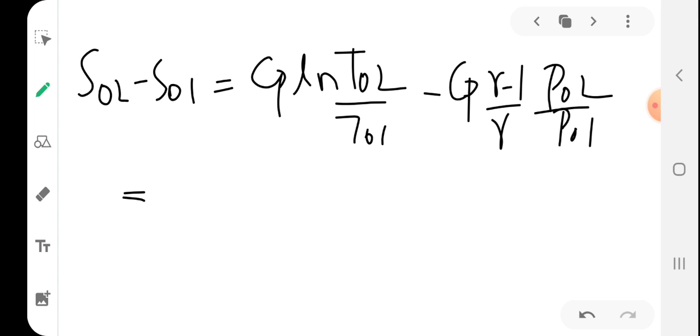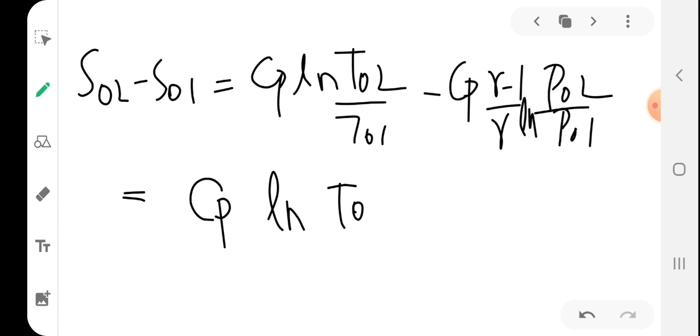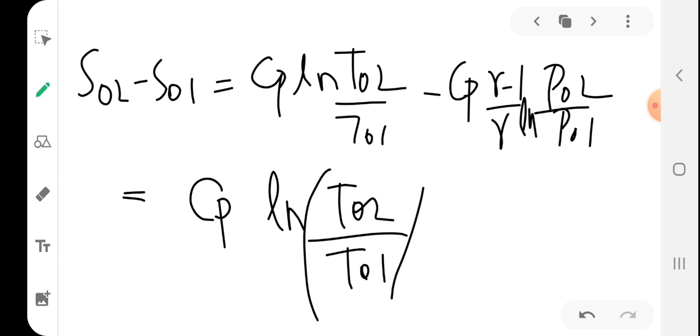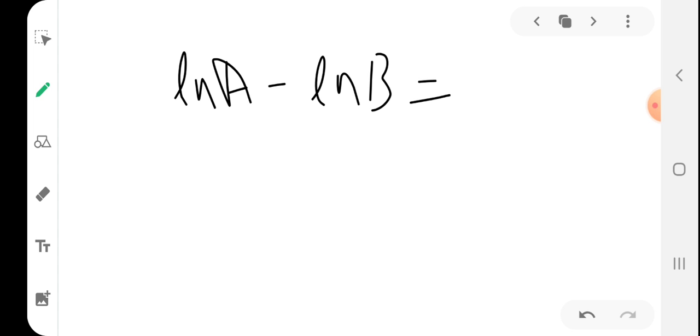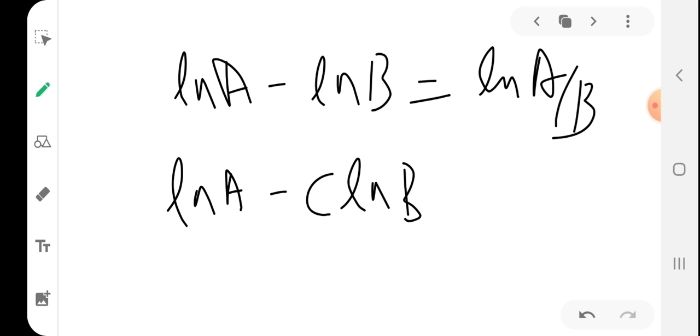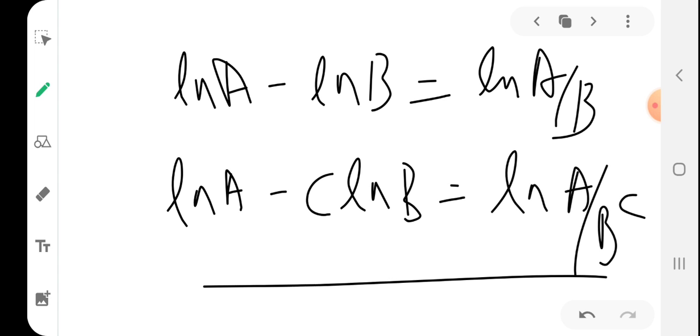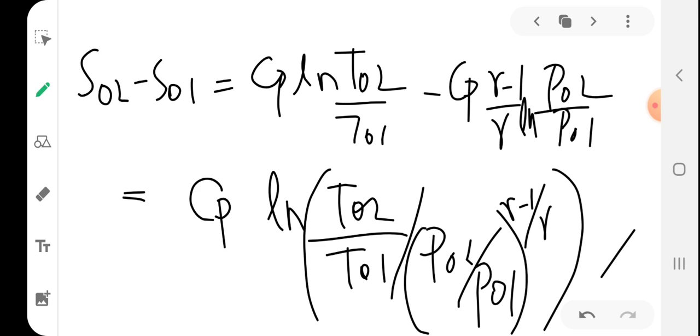Taking Cp constant, you get log of T02 by T01 divided by P02 by P01 all raised to gamma minus 1 by gamma, because log A minus log B is log A by B, or log A minus C log B means log A by B raised to C. You know these properties. I have just applied those properties, okay?